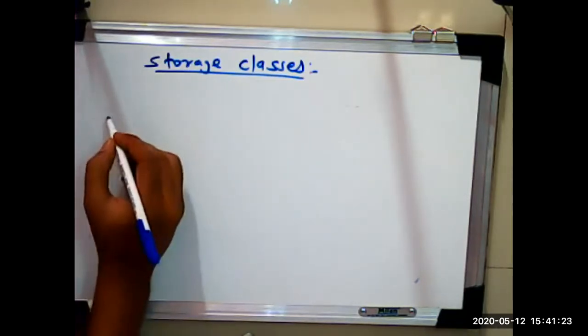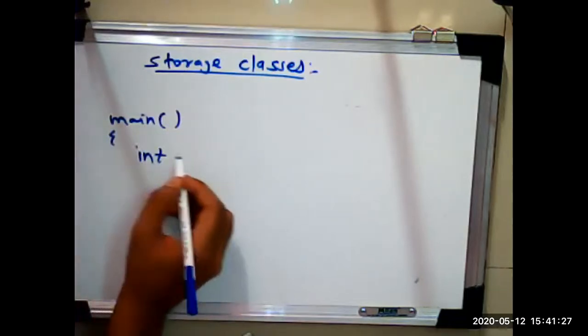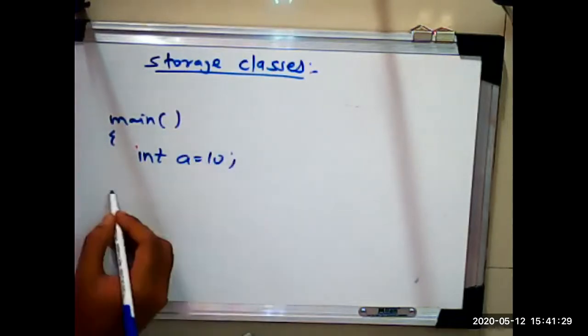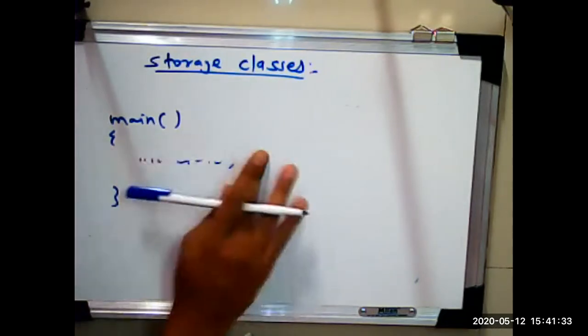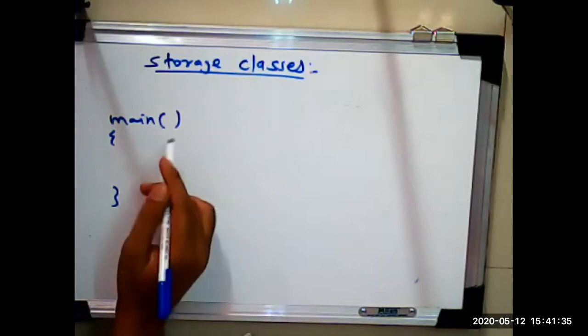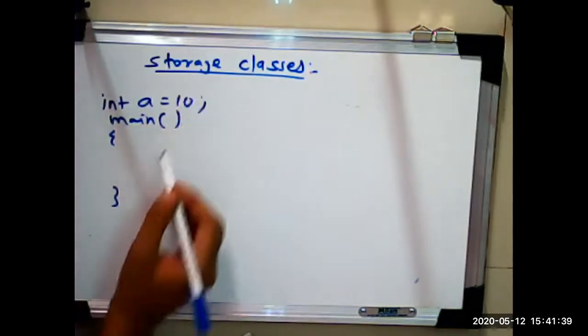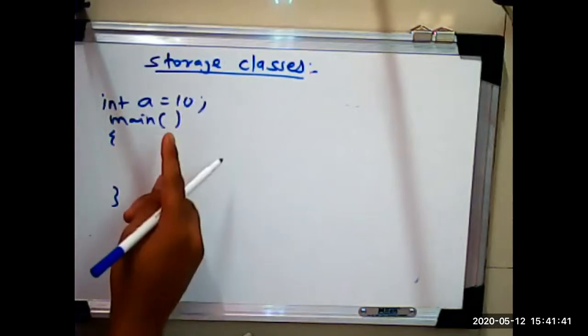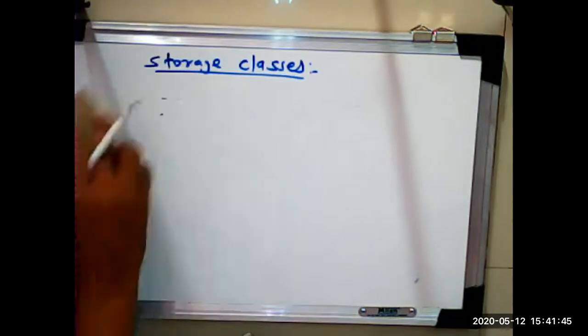For example, in the main function, suppose you have declared one variable a is equal to 10, you must know the storage of a. If you declare the a outside, then what is the storage of this a, you must know. That's why we will see what the storage classes are.